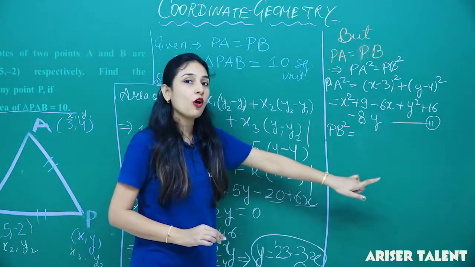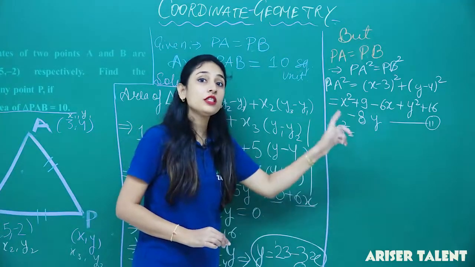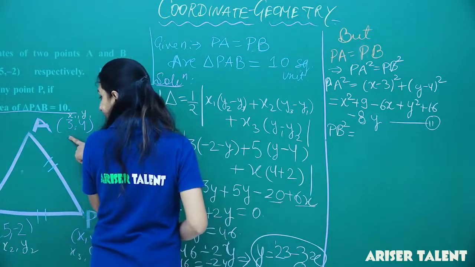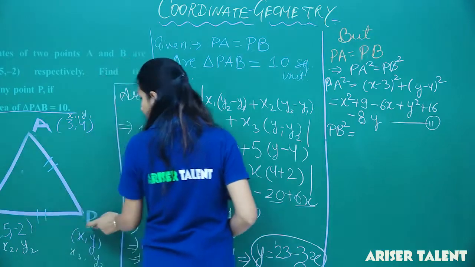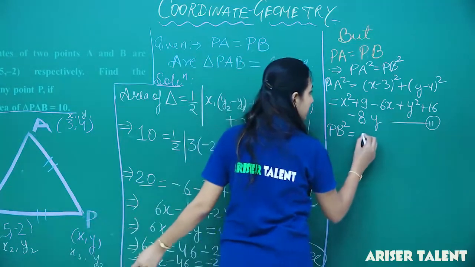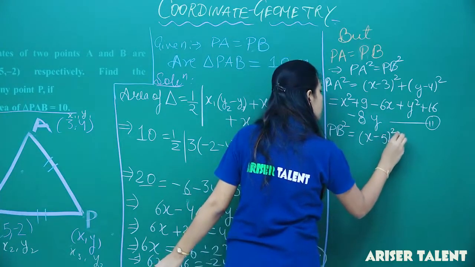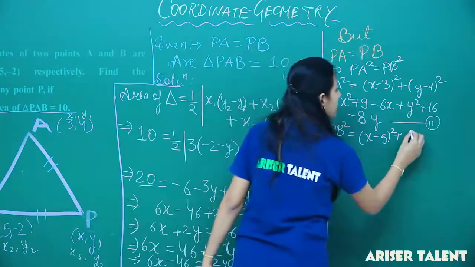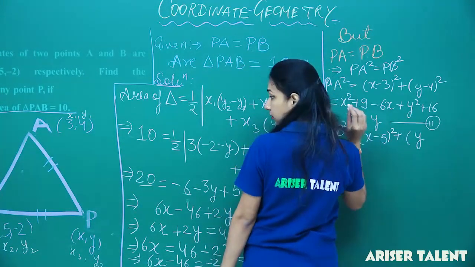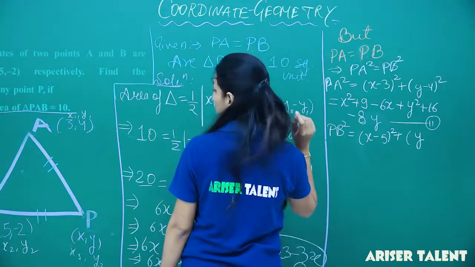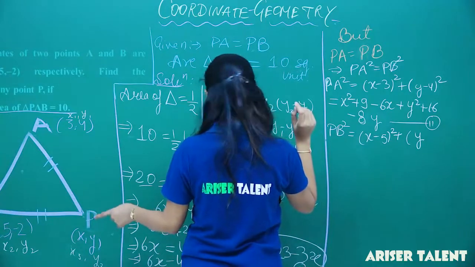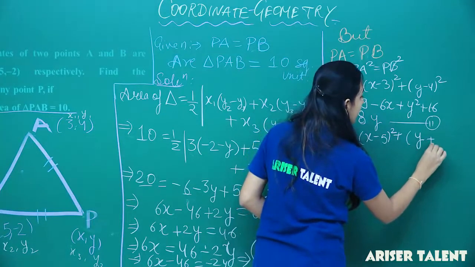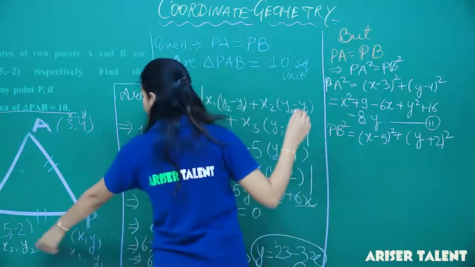We'll apply this distance formula for point P and for point B. So we will find that 5 minus x square, or x minus 5 square, plus y, with 3 and 4, and 5 and 2, so that will be plus 2, y minus 2.